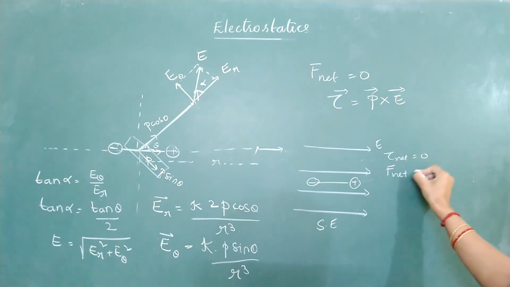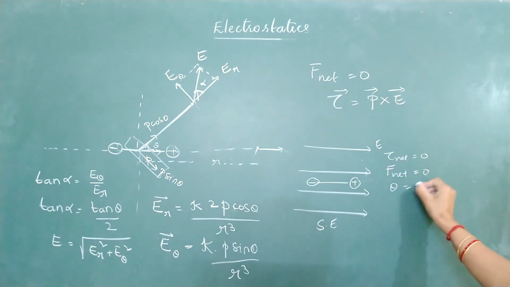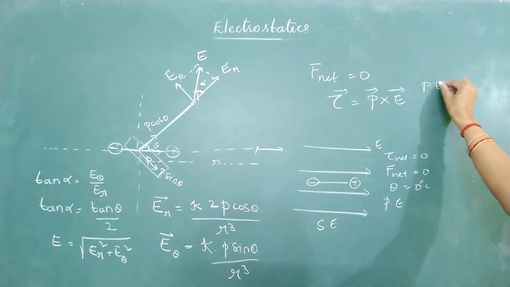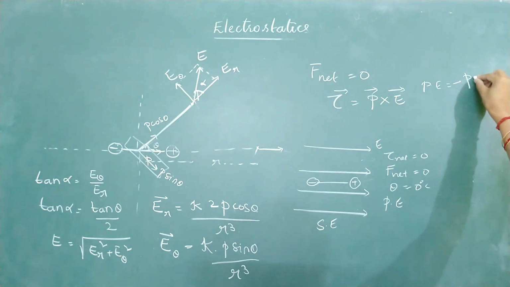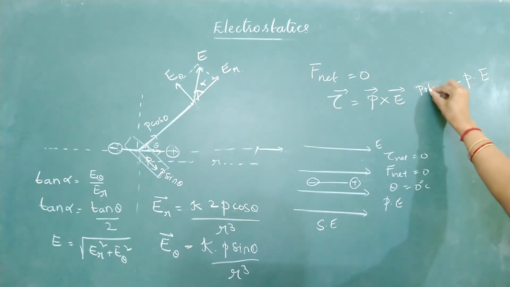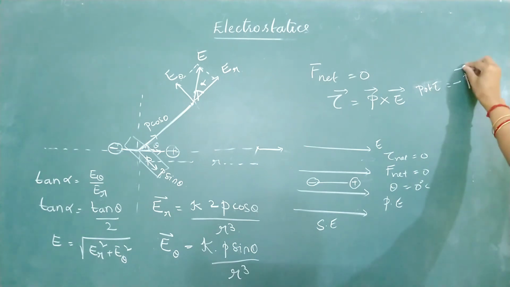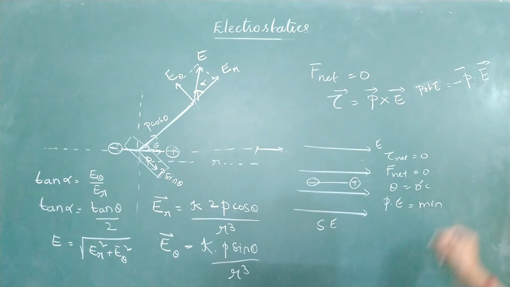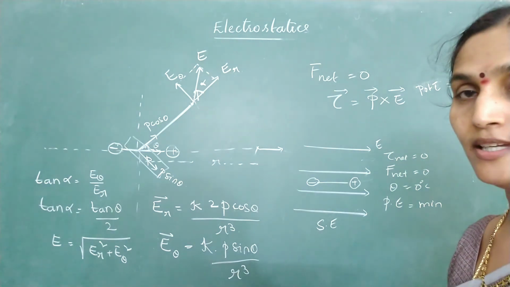Net force is anyway 0. Theta is 0 degrees. Potential energy: we know the potential energy of a dipole is minus P dot E, where P is the dipole moment and E is the electric field. Potential energy will be minimum, which is minus P into E.